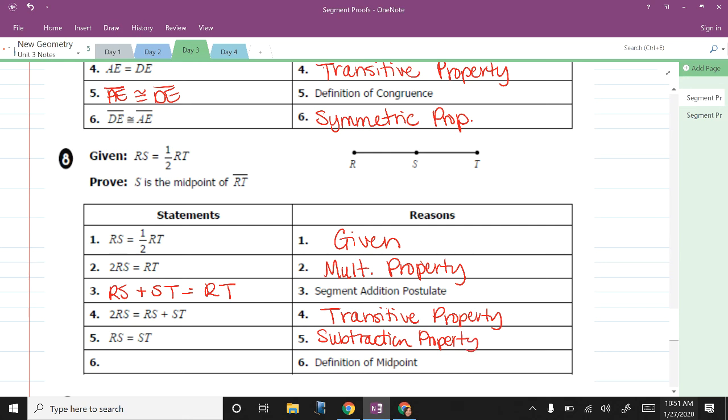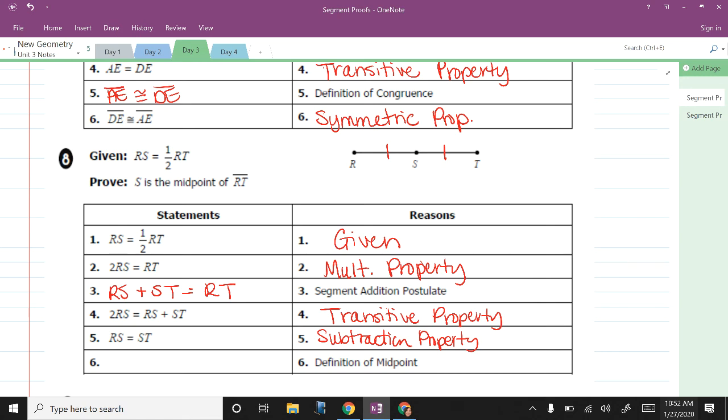All right. So now they will finally say that RS is congruent to ST. That's what they did with subtraction. And it said I need a statement based on the definition of a midpoint. Also, our last statement is supposed to be what you're trying to prove.